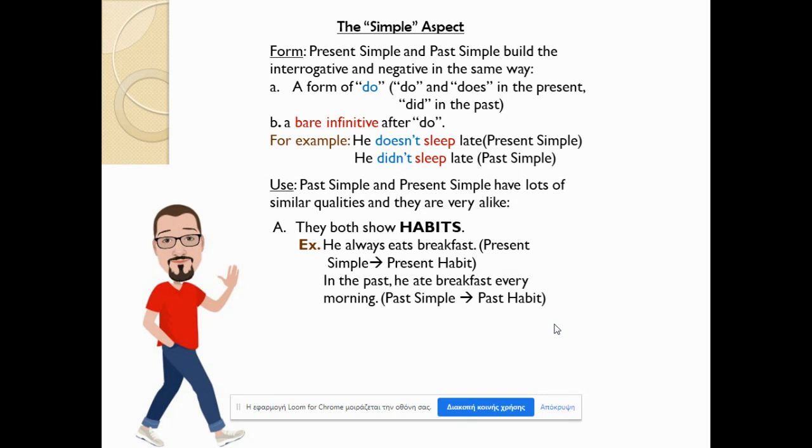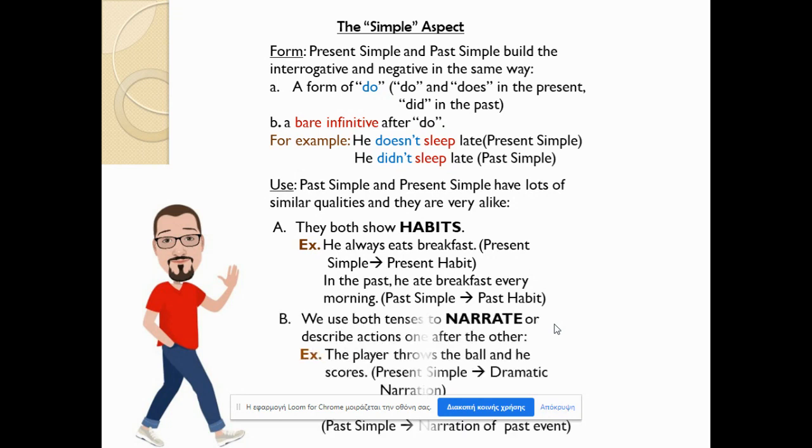This is equal to used to, so I could rephrase that like he used to eat breakfast, right? Or with would, he would eat breakfast, and so on. So I see here two examples which involve two verbs in simple tenses, present simple and past simple, and both of them show habits.